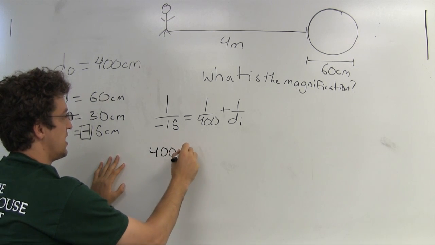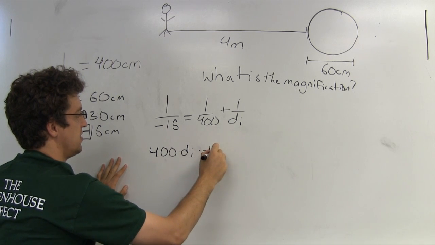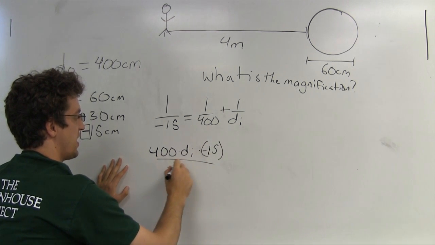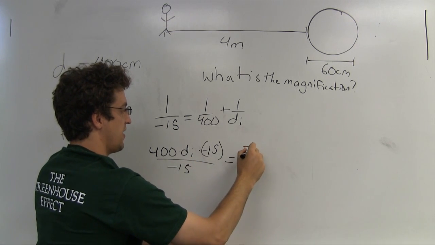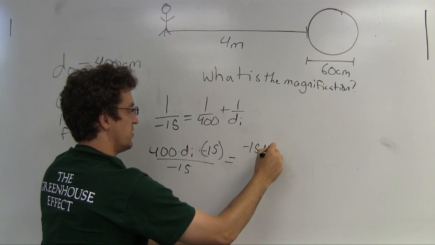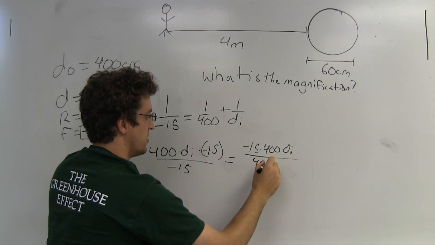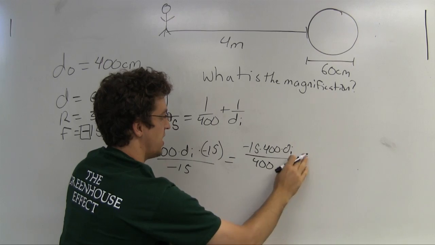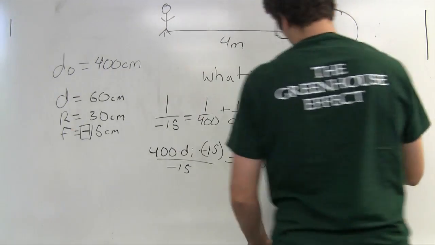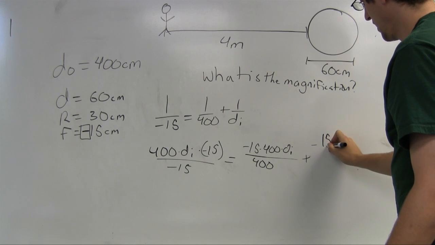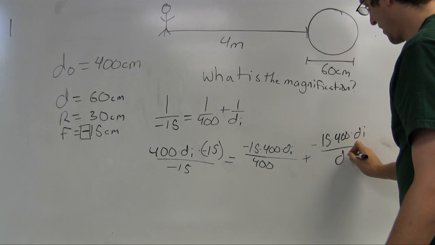400 times d_i times negative 15 over negative 15 equals negative 15 times 400 times d_i over 400 plus negative 15 times 400 times d_i over d_i.